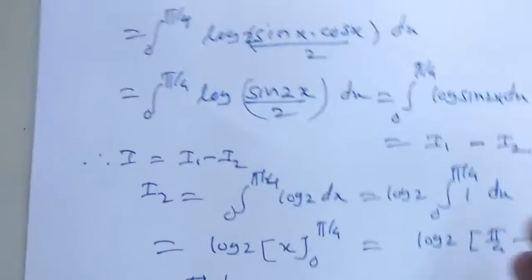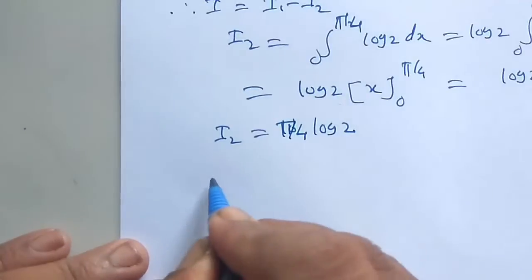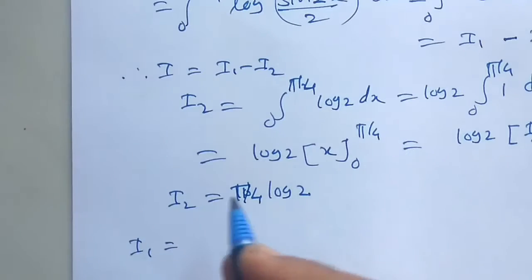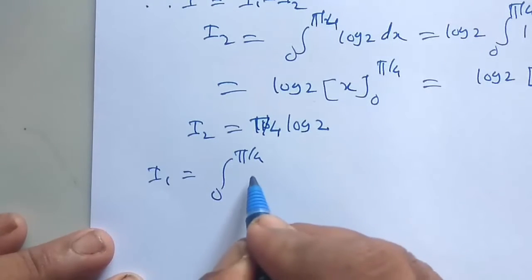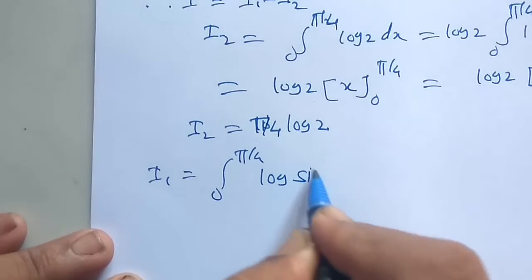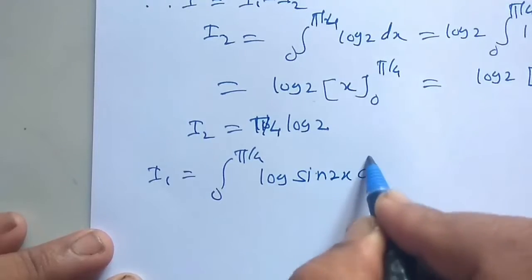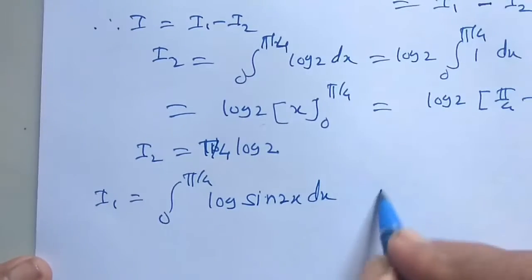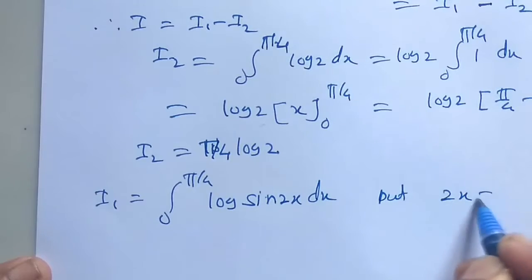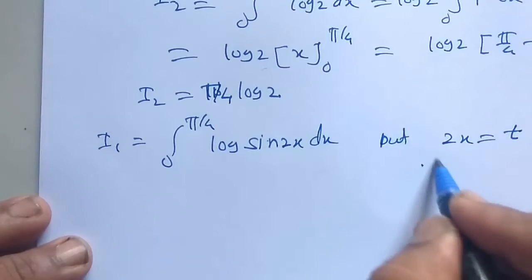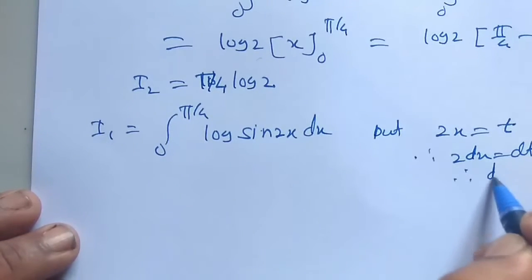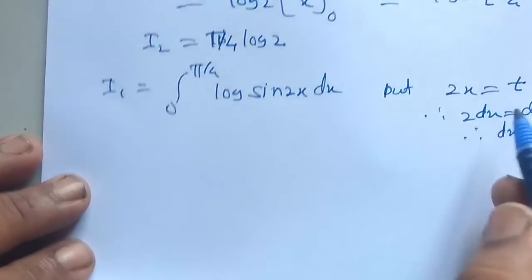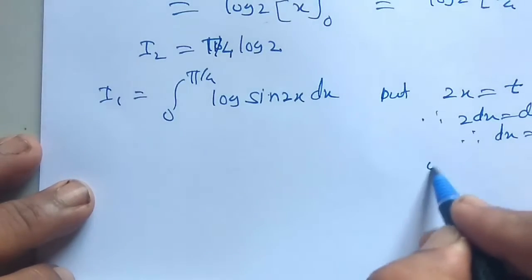Now I1 is equal to integral 0 to pi by 4 log of sin of 2x dx. Now we put 2x equal to t. Therefore 2 dx is equal to dt, and therefore dx is equal to dt upon 2. Now we have to change the limits also.